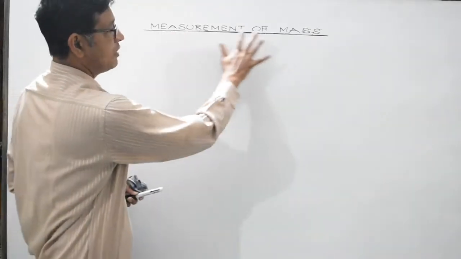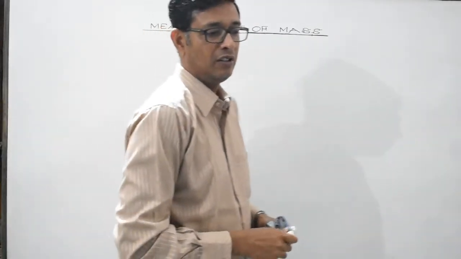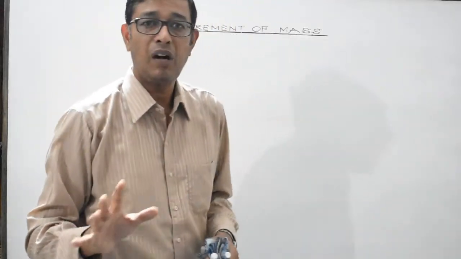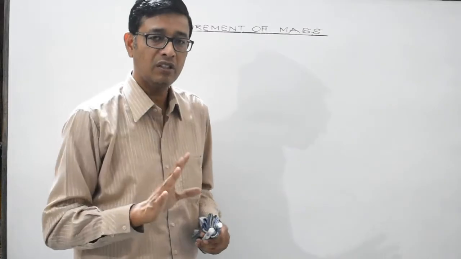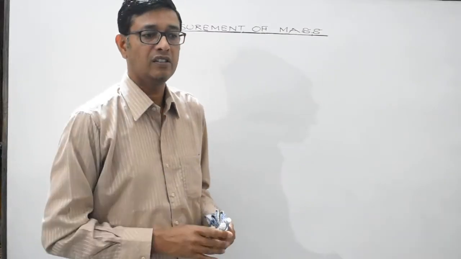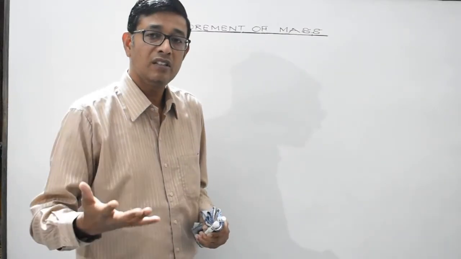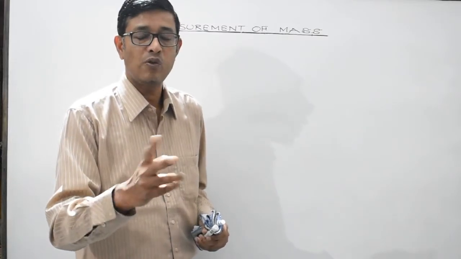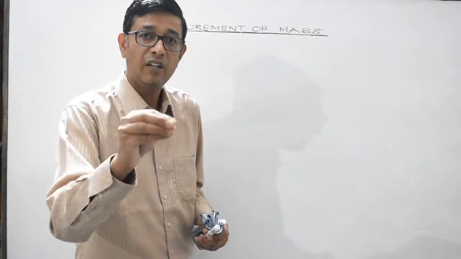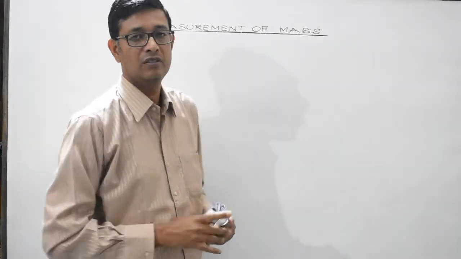So, measurement of mass. Do you know, students, that mass of any given body can be measured in two ways? And accordingly, mass is divided into two types, depending on the way in which the mass of the body is measured.